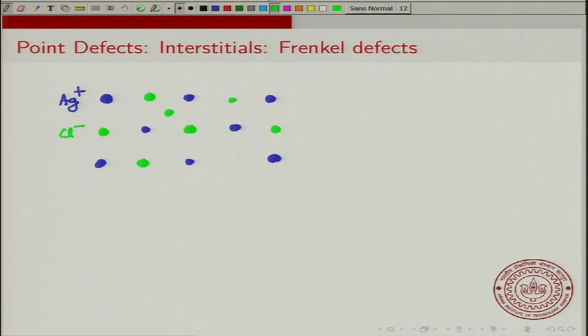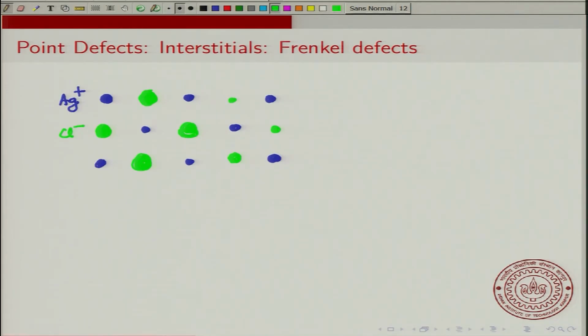I should show silver, sorry, I wanted to show the silver. Let me also emphasize that chloride, being a negatively charged ion, is actually much bigger than the silver.